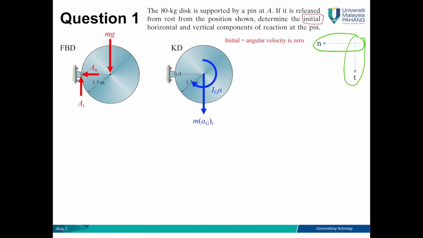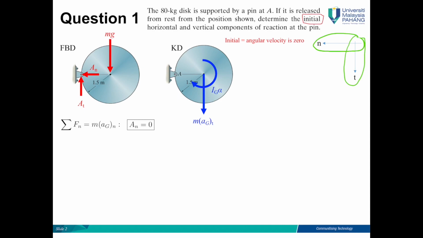We have I G alpha. And there is no component in normal axis because we know that initially point G is not moving to the left. So there is no component in the normal axis.